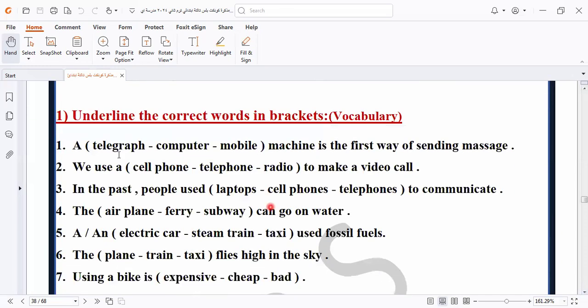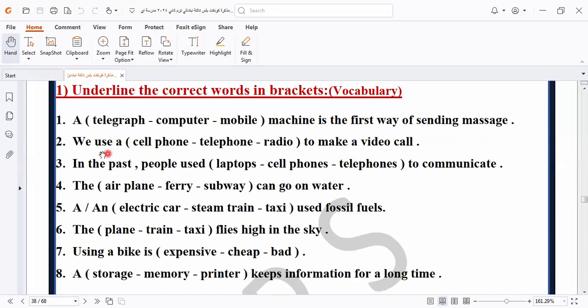To answer the activity: a telegraph, a computer, a mobile phone. Which is the first way of sending a message? Telegraph. Today we use cell phones, telephones and radio to make a video call. All of us, when we make a video call, use a cell phone.